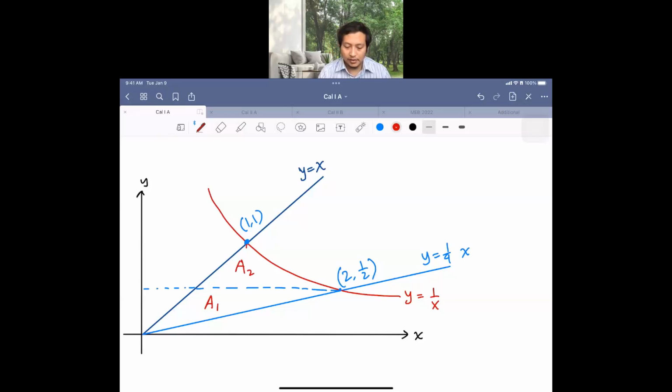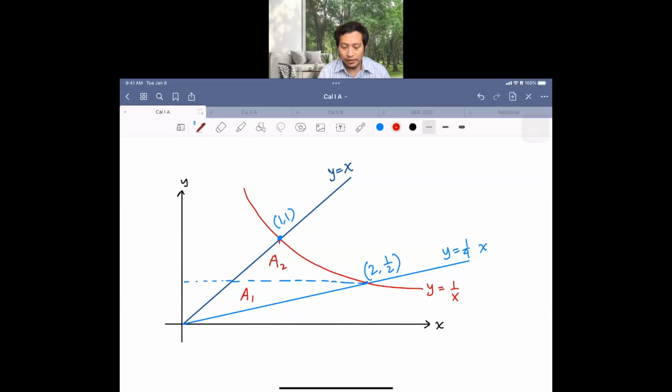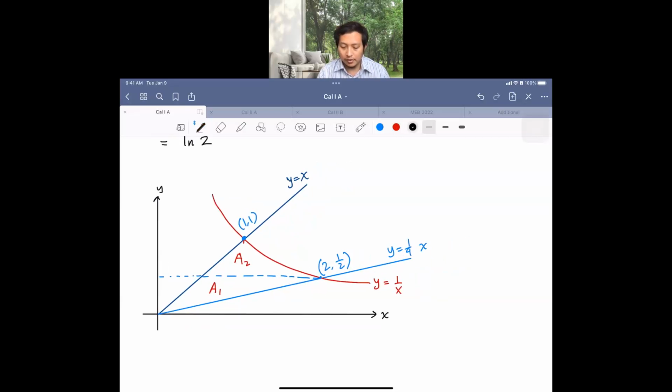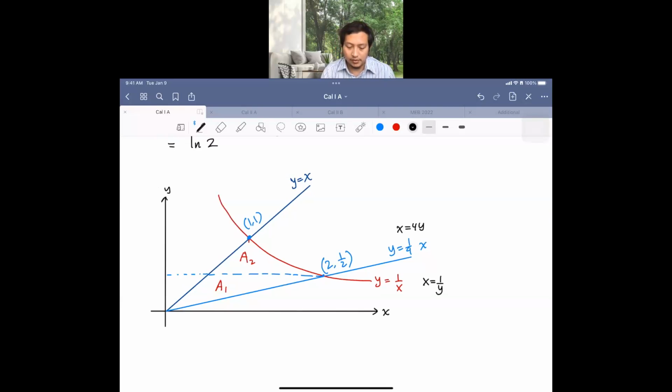And of course, if you see A1, A2 from the perspective of y, then all terms will be in terms of the variable y. So x is 4y. And I think the rest will be the same.